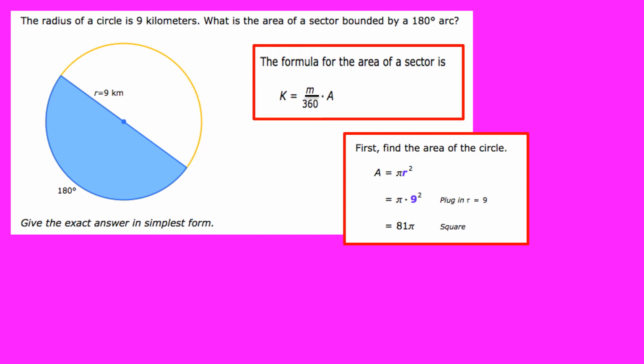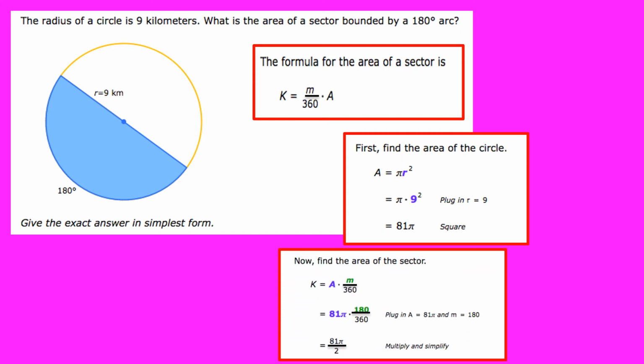Now that we know the measure of the arc and the area of the circle, we can substitute them into the formula for the area of the sector. K is equal to A times M divided by 360, since A, the area of the circle, is 81 pi, and M, the measure of the arc, is 180.